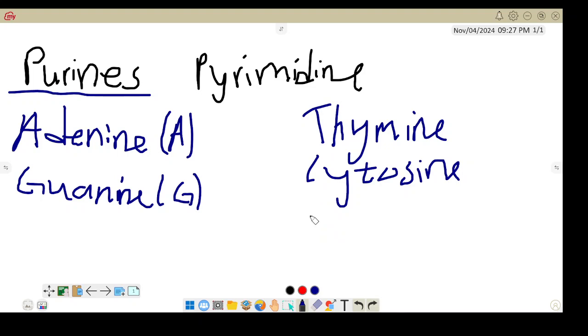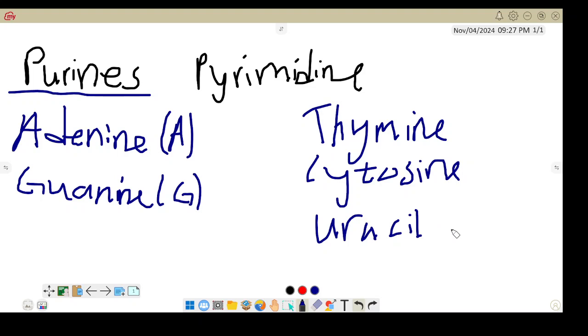How should we put it? I'll write uracil beside thymine. The slash doesn't mean that the other name for uracil is thymine, so let me write it separately to avoid confusion. This is uracil.